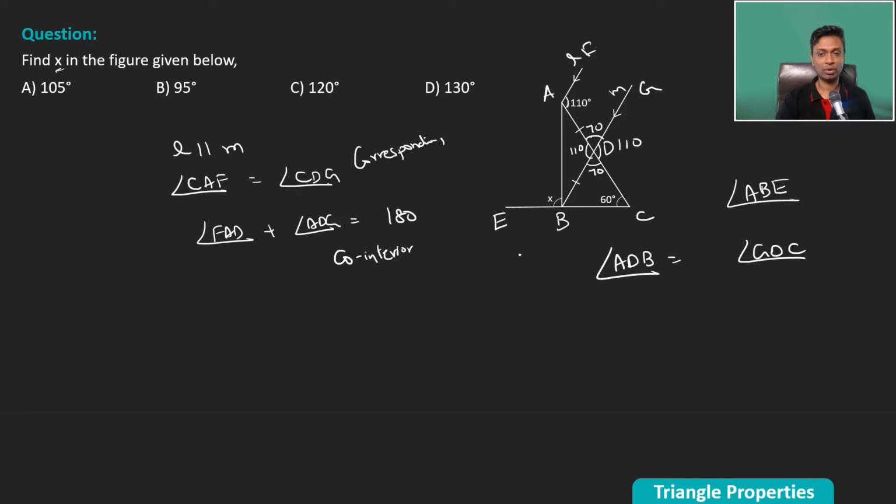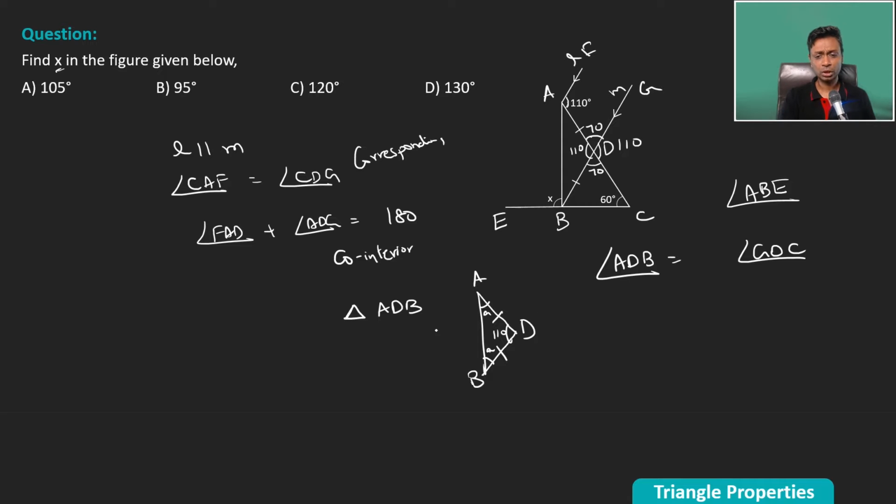Now let's think about triangle ADB. These two are equal, so this angle should be equal to this angle. It's an isosceles triangle. This is 110. This is angle A and angle A. I'm not using the variable x because x is already taken.